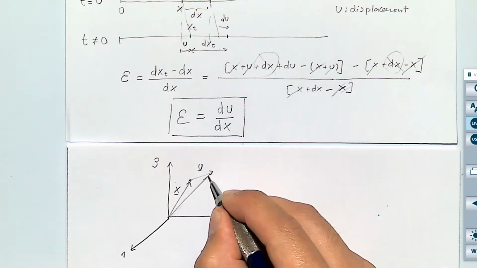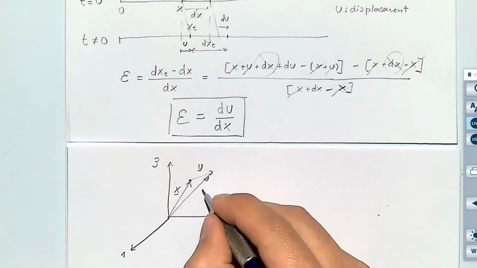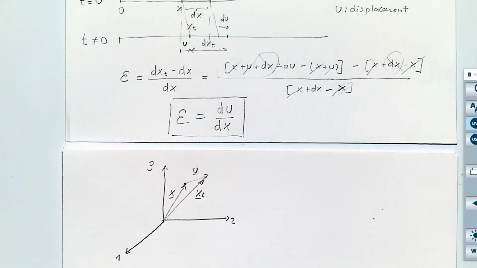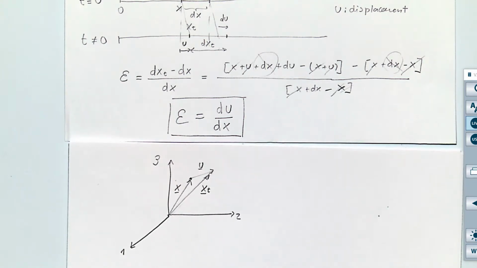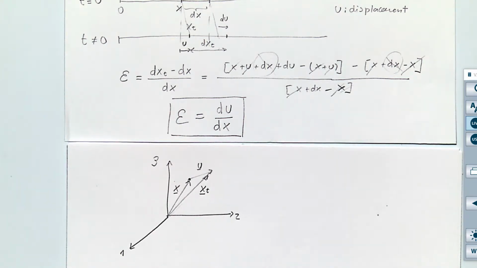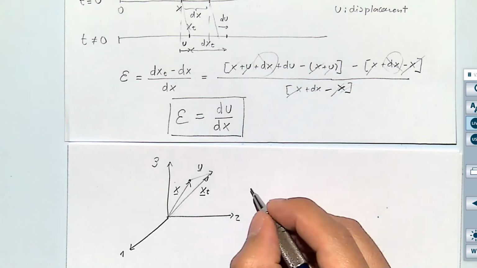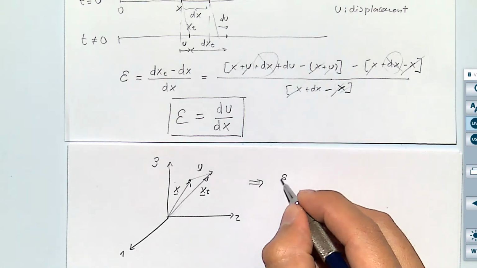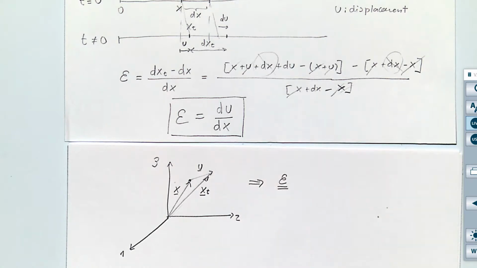so the new position is xt. And you can apply exactly the same concept and derive from here the strains in 3 dimensions, something that we're going to call the strain tensor.